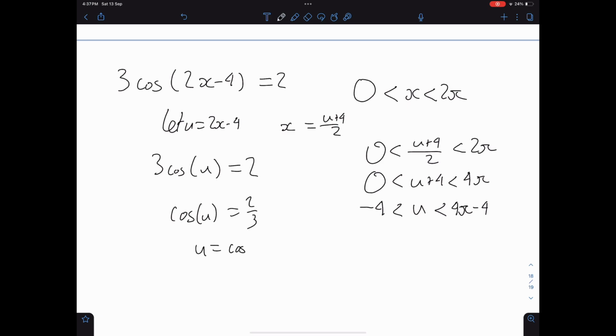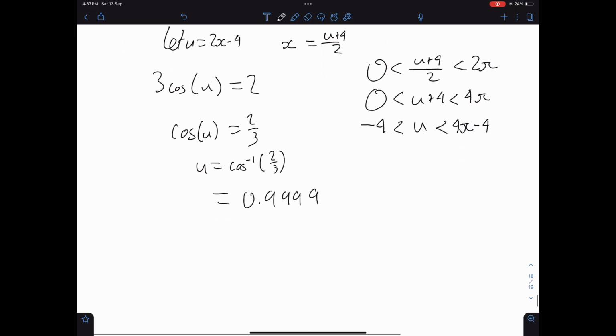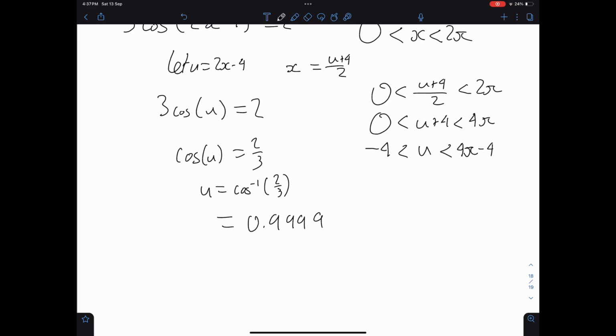And then u is equal to cos inverse of 2 over 3. Which actually is almost 1. It's like 0.9999. And that's equal to 2x minus 4.